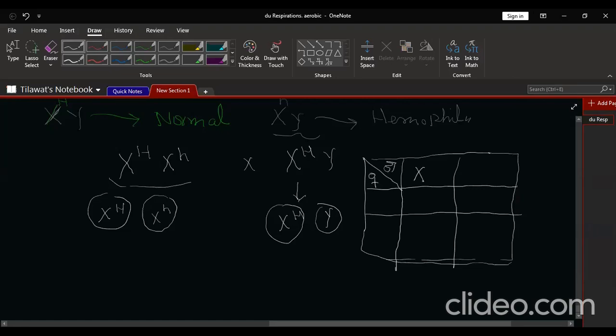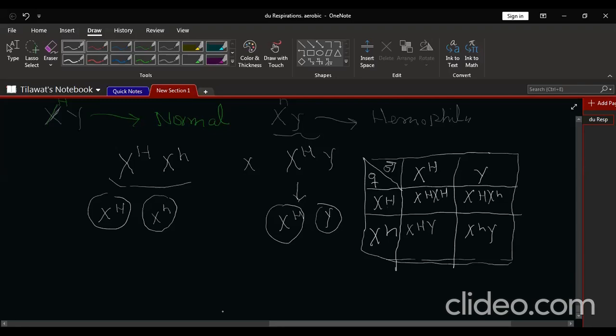Put the gametes XH and Y, and XH capital and X small h, right? So for example, this gamete fuses with X, this one with this. So XH XH. Now this one with this, so XH and X small h. Now this Y fuses with this gamete, so XH Y, and this Y fuses with X small h.